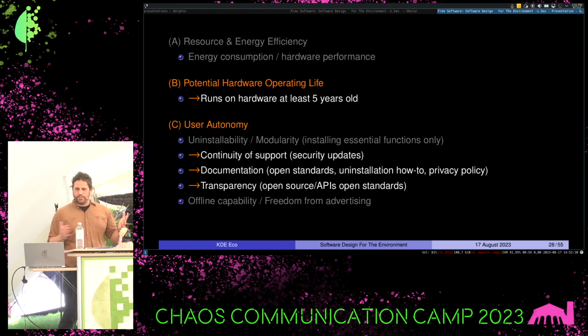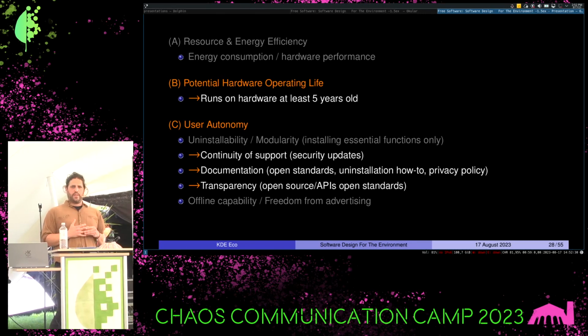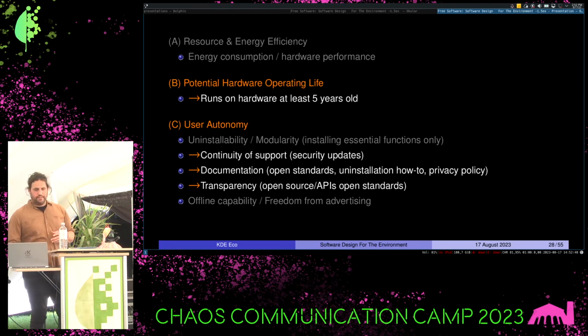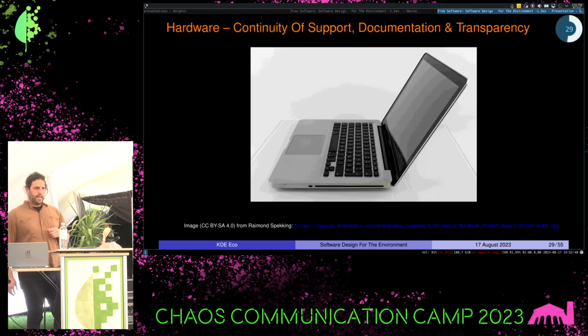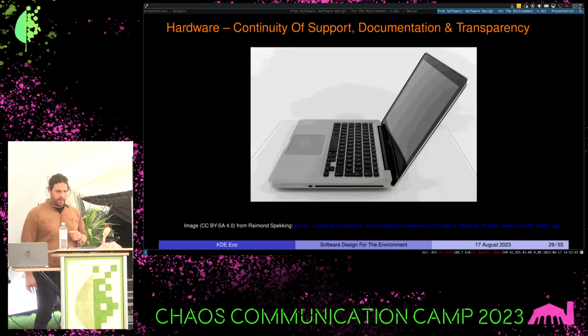Transparency, so that users can decide which software they want to use and then move to different software products if they want to. And this will all influence how long you can continue to use a particular piece of hardware. This is an image from a 2009 MacBook.